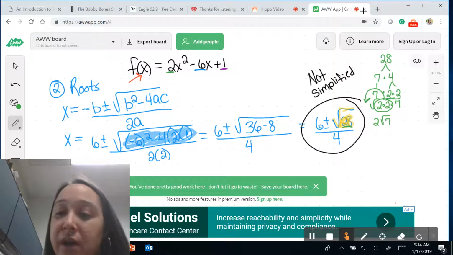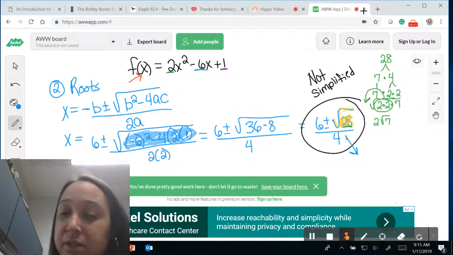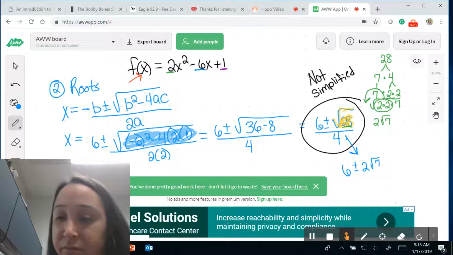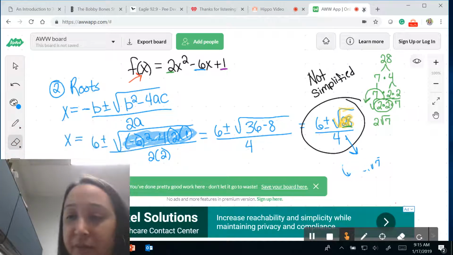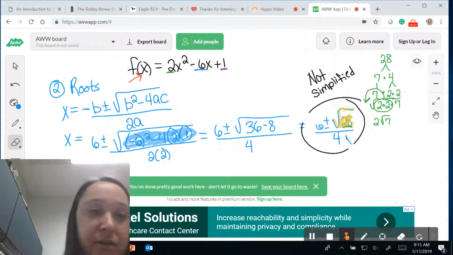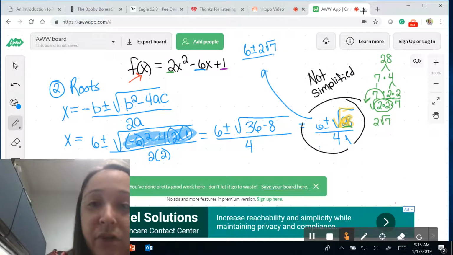So if I rewrite this, it's going to give me 6 plus and minus 2 square roots of 7 over 4.